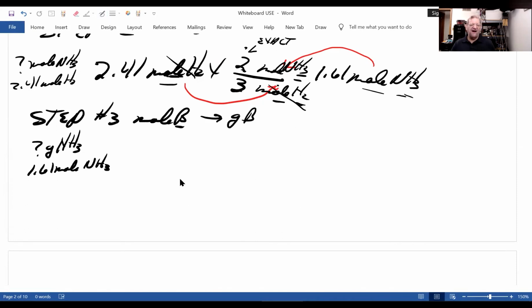Guess what? I'm going to let you try and set this up and do this step yourself, because I want to share. Nitrogen has atomic weight of 14.0. Hydrogen has atomic weight, to 3 significant figures, of 1.01.